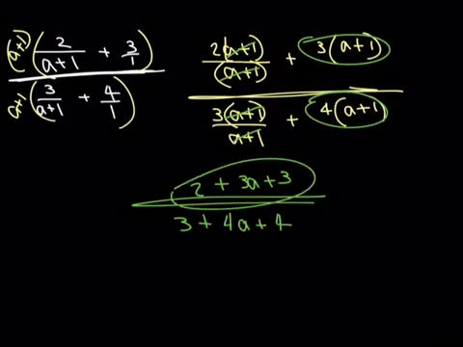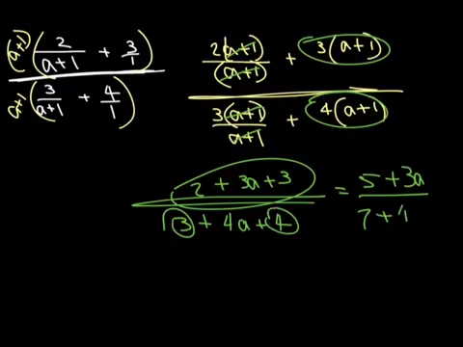Alright, so add those together and we get 5 plus 3a over 3 plus 4 plus 4a, which is 7 plus 4a. And that ends up being your answer then.